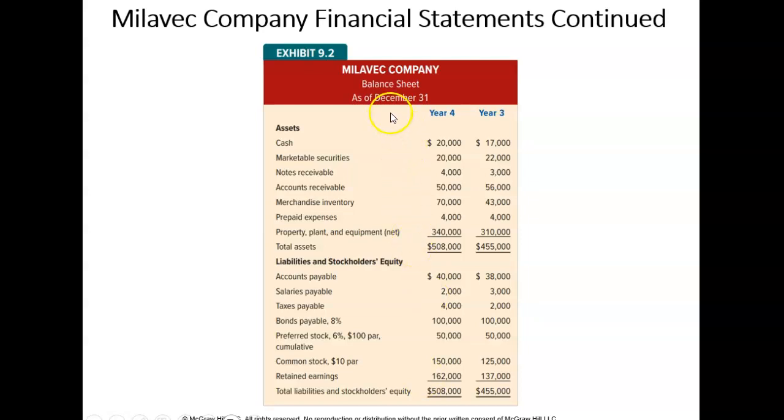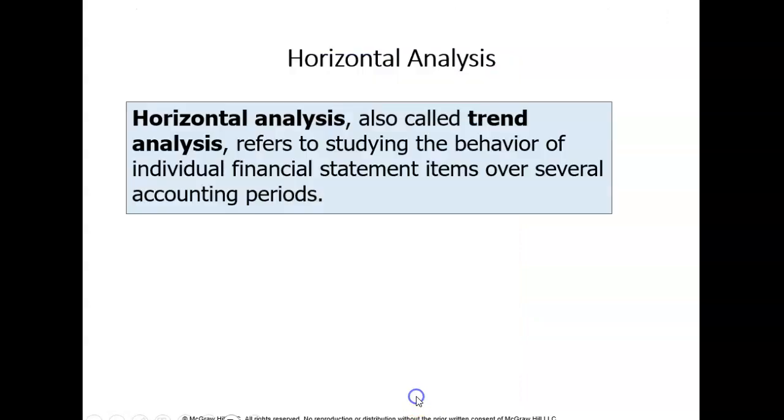Next, you have the balance sheet for this company for year 3 and year 4. It's showing their total assets. It's showing the liability section as well as their stockholders' equity. And we see that assets equal the liabilities plus stockholders' equity.